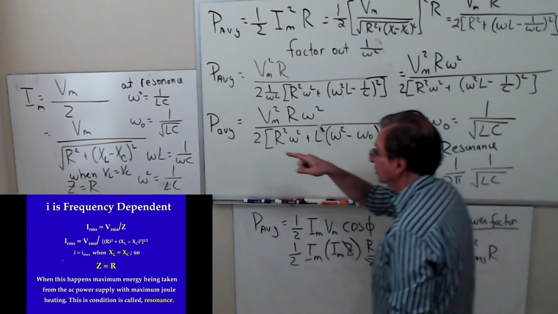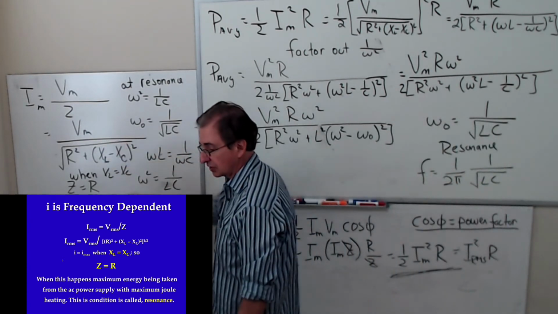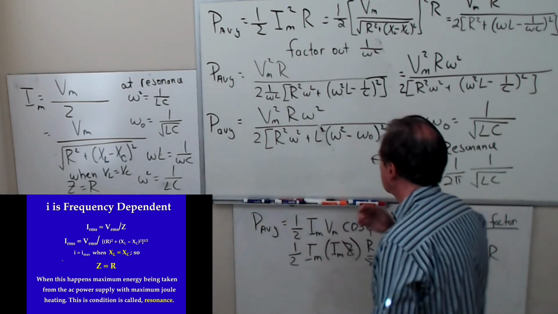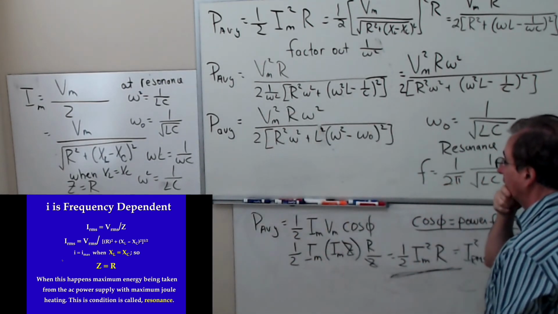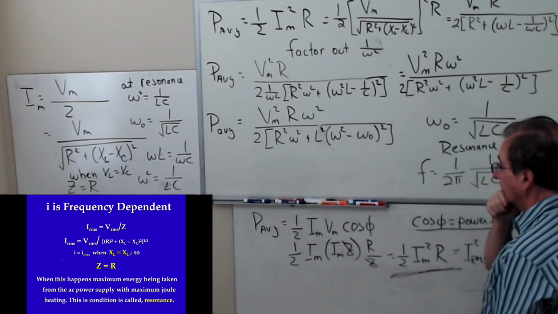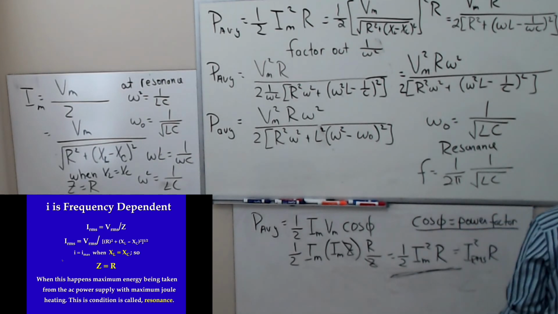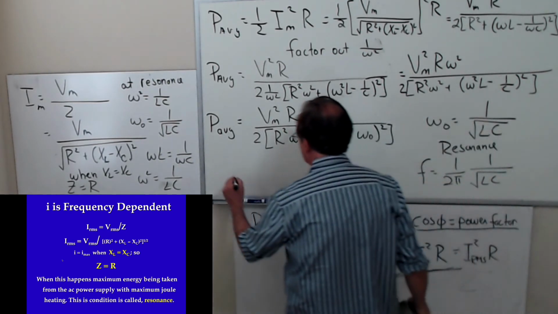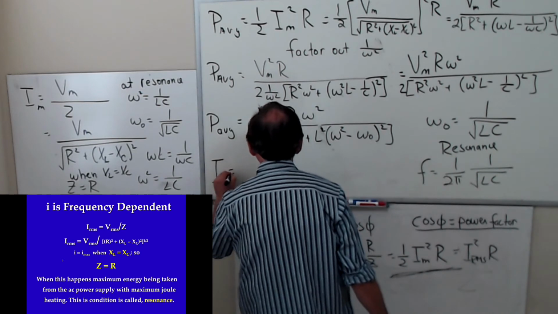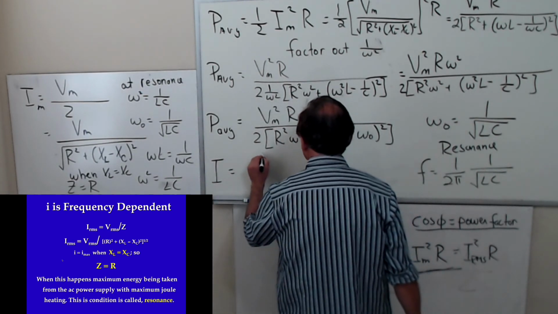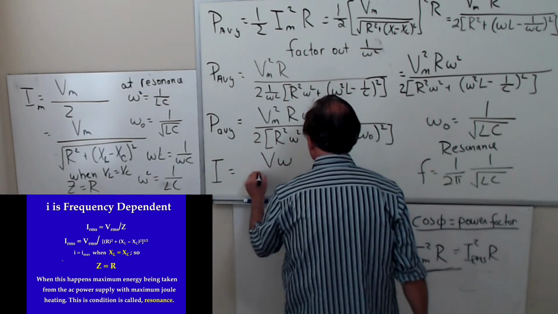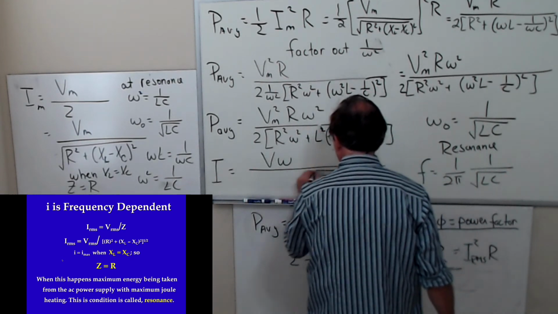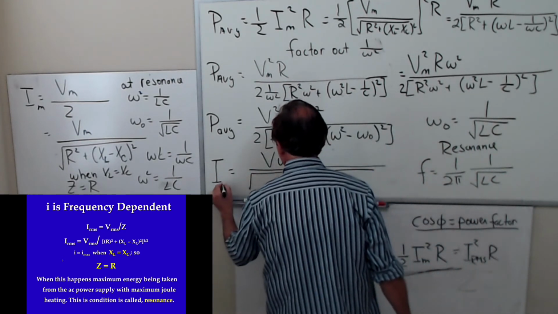And in fact, we can write this current in a similar fashion. You can write the average current in this manner.